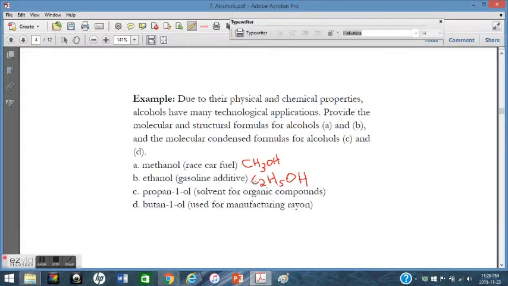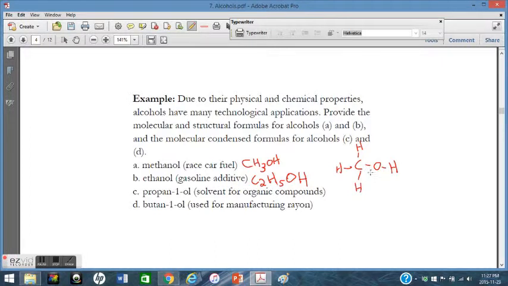We'll get to our structural formulas in just a second, but those are our molecular formulas. Structural formula, again, pause it for a moment here, give this a try. Okay, so this is not condensed, what I'm showing. Show all the hydrogens. Now, I drew the stereochemical one earlier in the lesson.